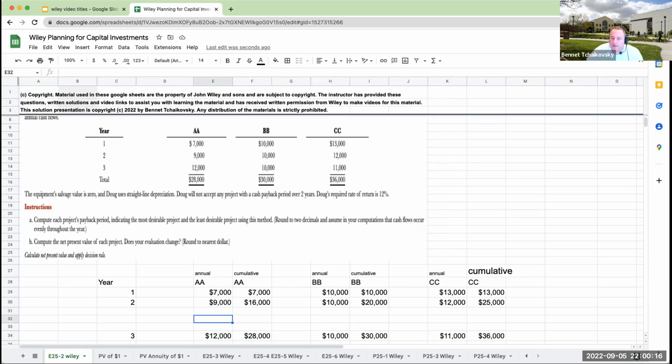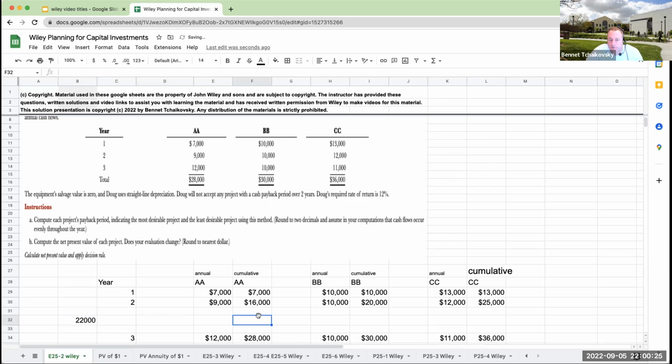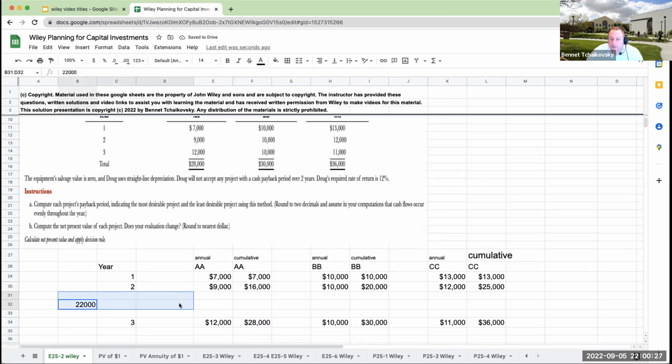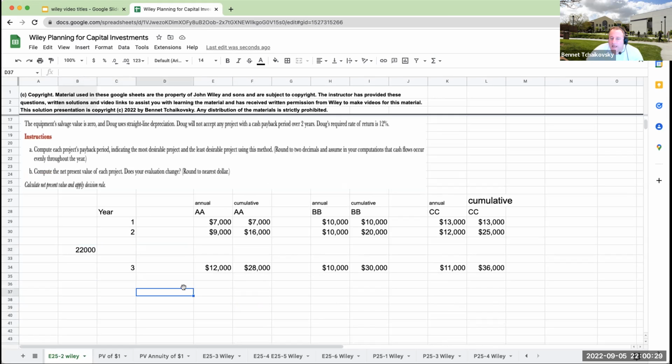At what point in time did we get to 22,000? So we know that the payback period is going to be at least 2 years, because by the end of year 2, we're only at 16,000 cumulative.